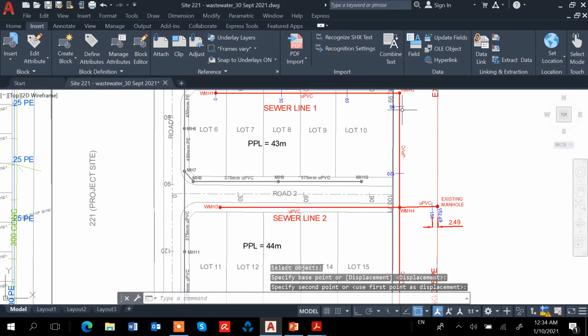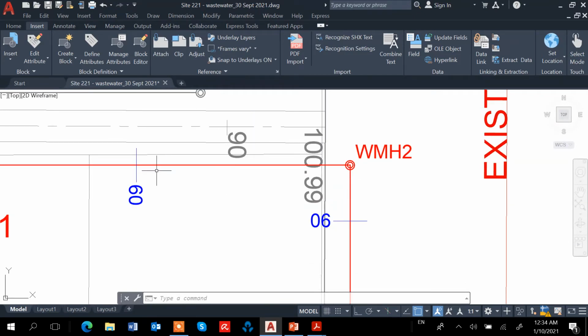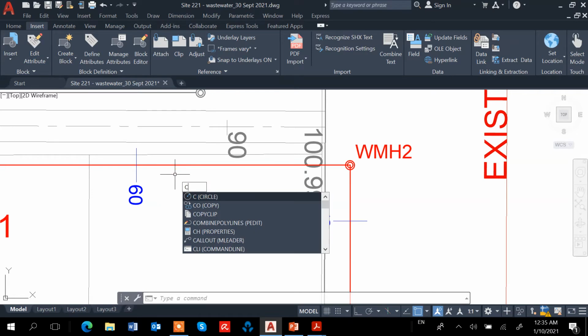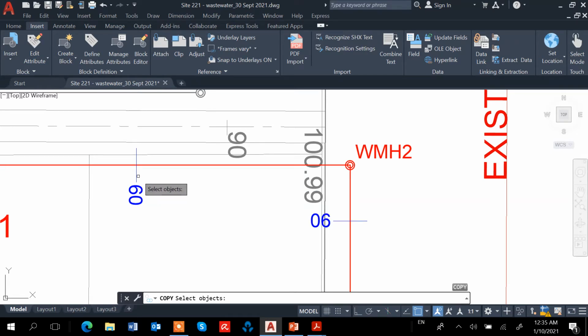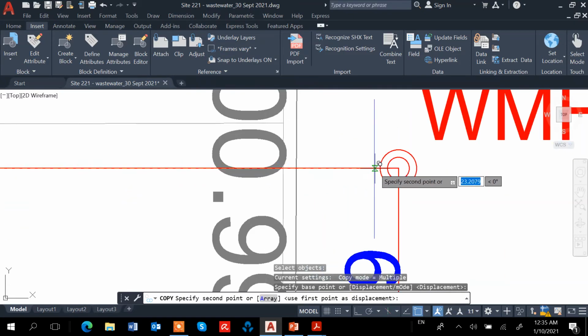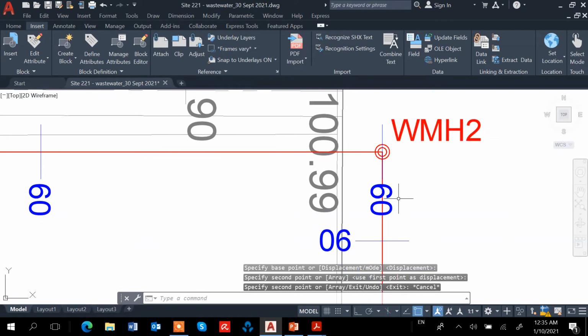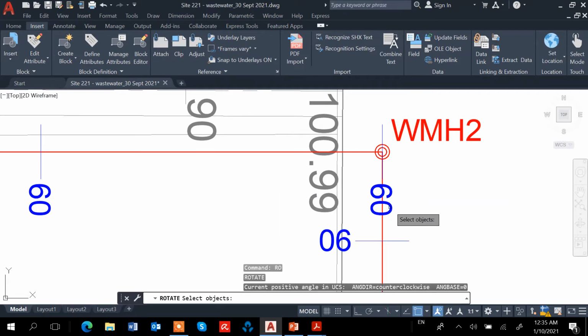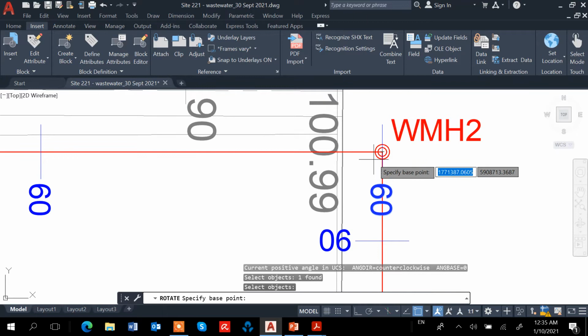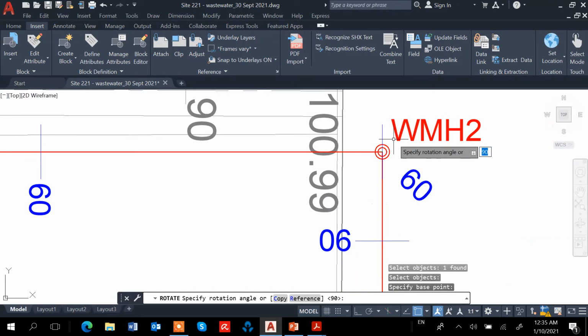And then this one will be, let's copy this, 90. I don't know, so how is the distance? I'm just going to rotate that, because I want it to be like that.